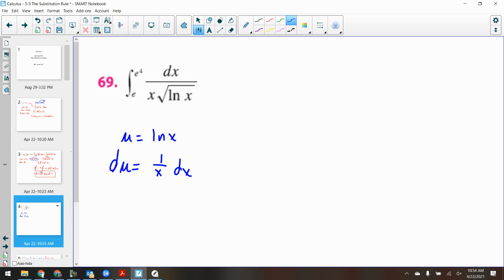Now, that means that this can turn into 1 over x times ln to the negative 1/2 power, dx, because it's in the denominator and it's a square root, so it's like negative 1/2 power. So this is where I'm seeing the 1 over x dx.